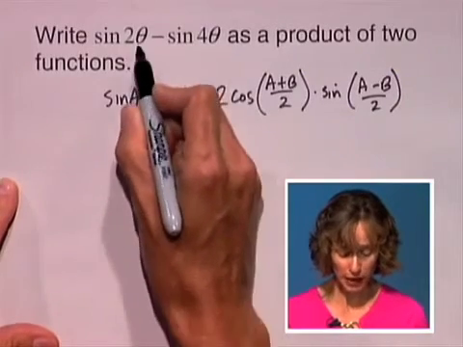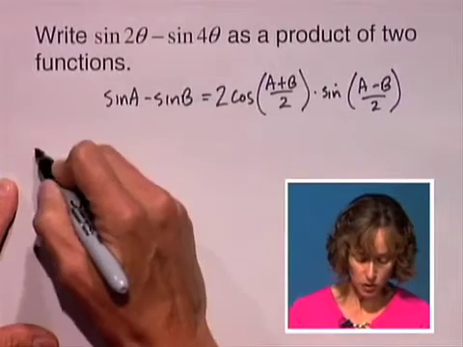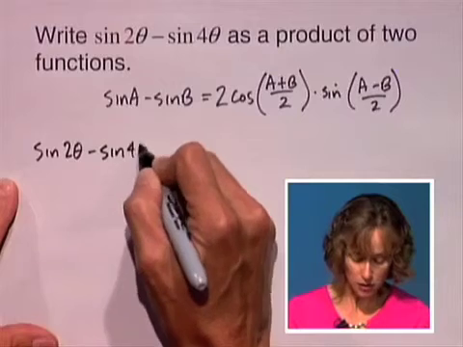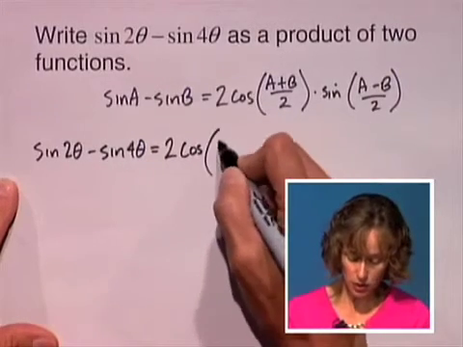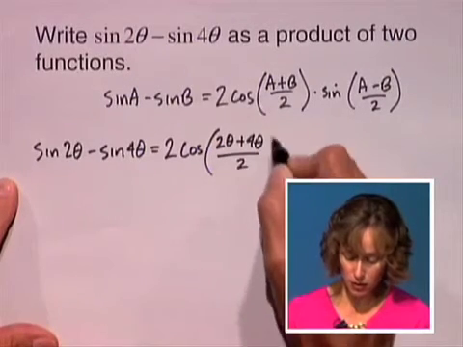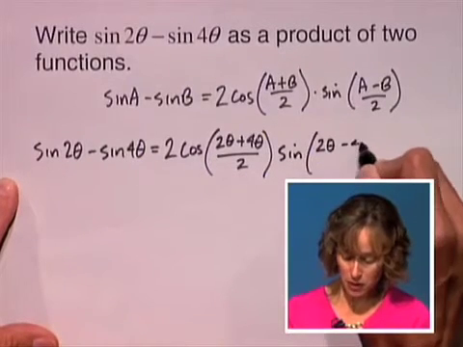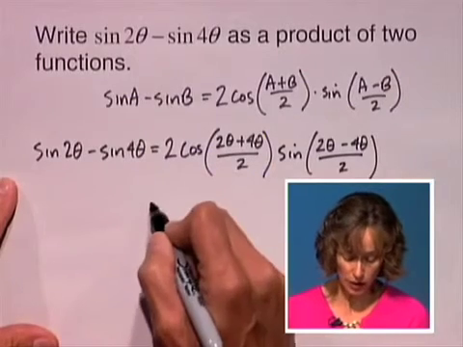We'll use for A 2 theta and for B 4 theta. So sine 2 theta minus sine 4 theta is 2 cosine of 2 theta plus 4 theta over 2 times sine of 2 theta minus 4 theta over 2, and we need to simplify.